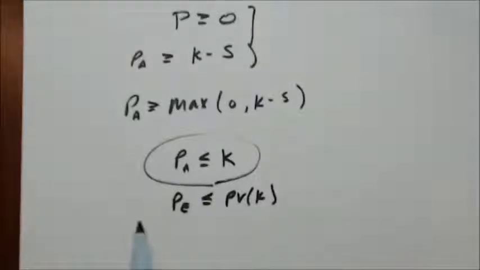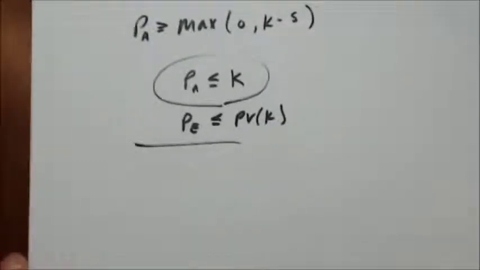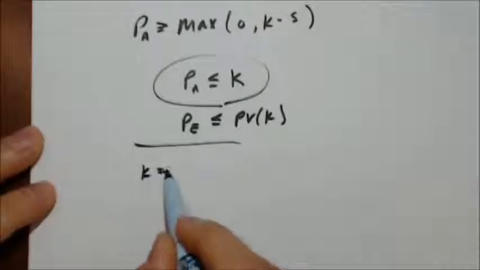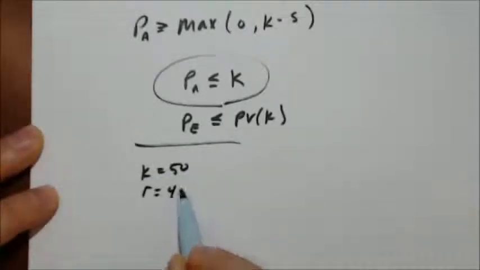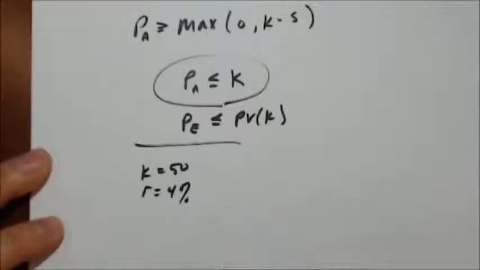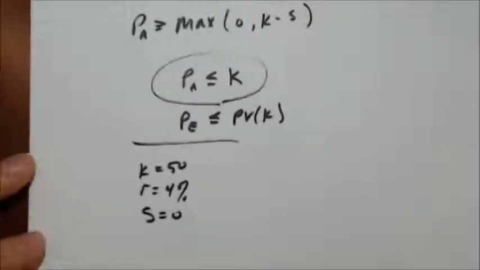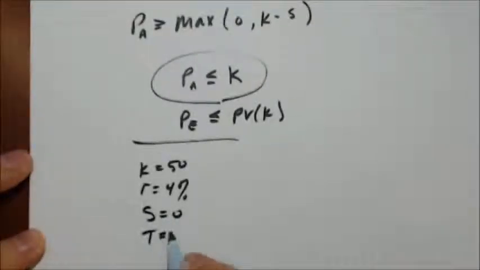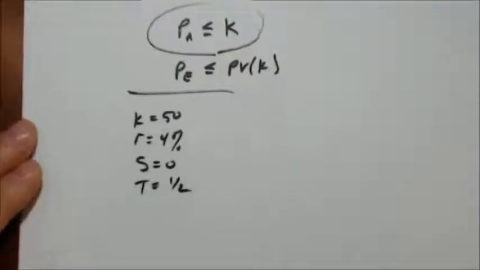So let's do a quick example calculating put upper boundary conditions. Suppose we have an American put and a European put, each with a strike of K equals 50, and the risk-free rate is 4%, and the company just went bankrupt, so S equals 0, and the maturity is 6 months. Compute the upper bounds for each put.